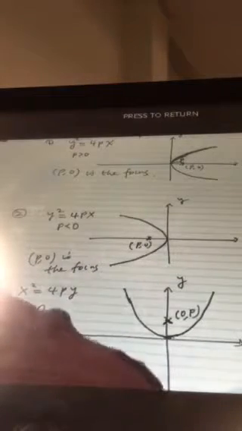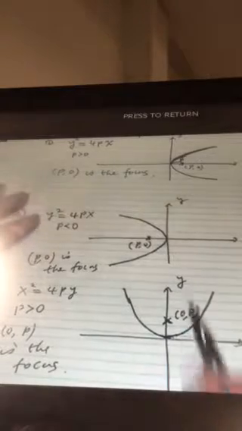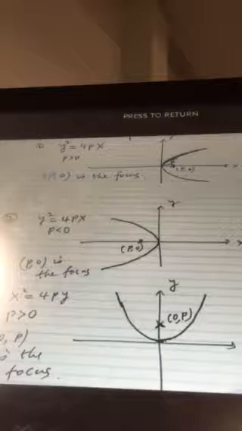Alright, now let's see if this is good enough for doing the problems here. Alright, so we just have to mention one more thing. We need to, okay, so for this one, I'm going to get a different color.